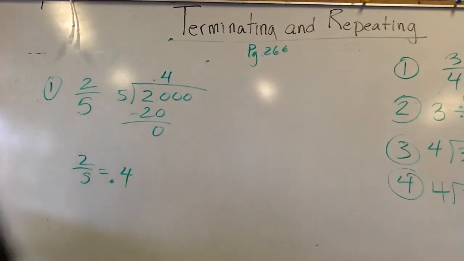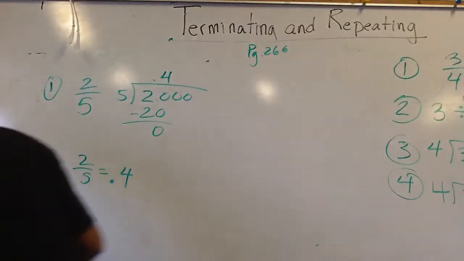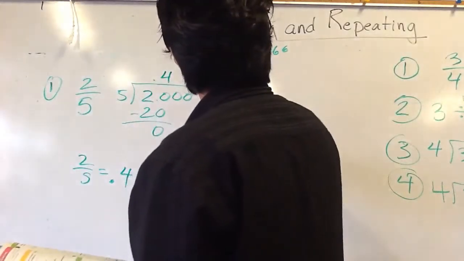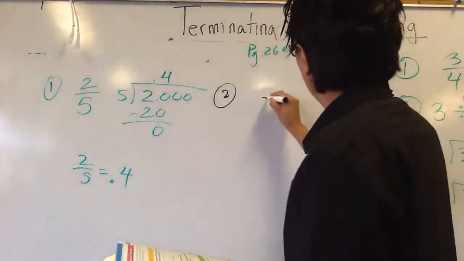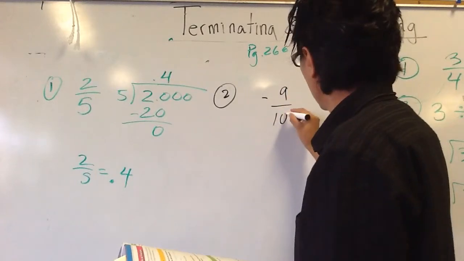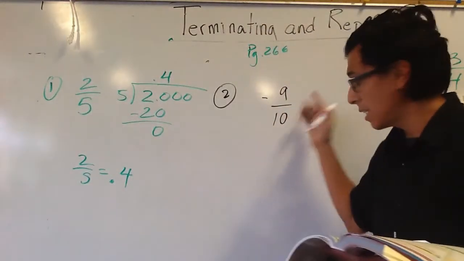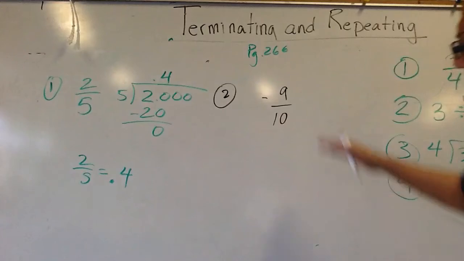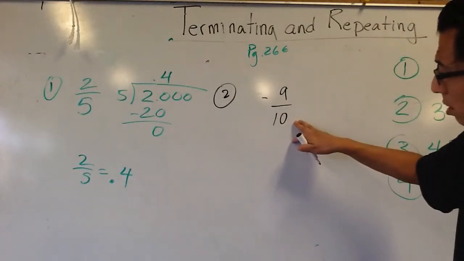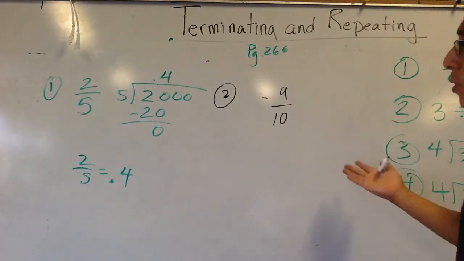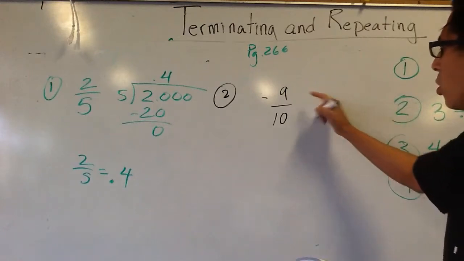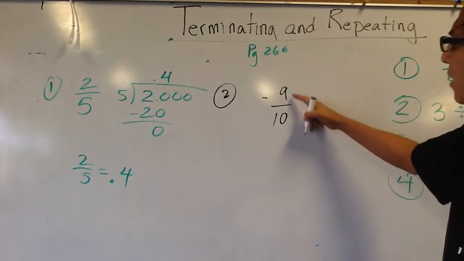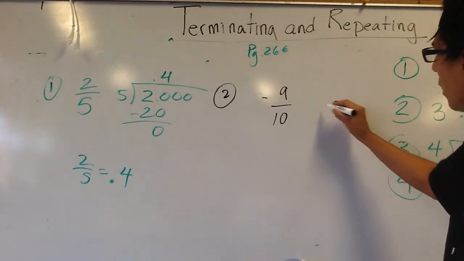All right. Let's look at number 2. Number 2 says negative 9/10. Now, if you can think of place value and realize, hey, that's 9/10, that's in the tenths place, do it that way. But if you can't see that, then do it the sure way. Divide. 9 divided by 10.